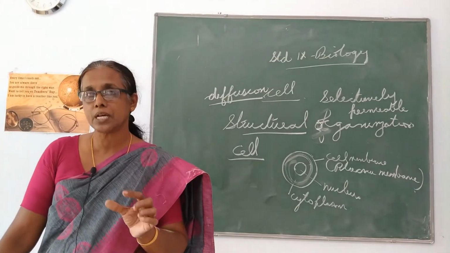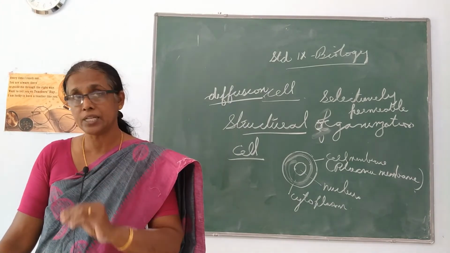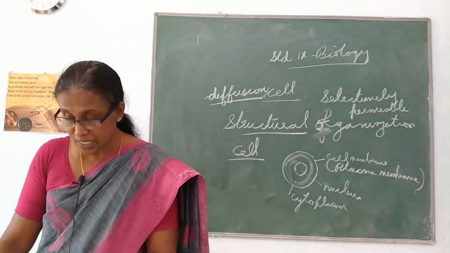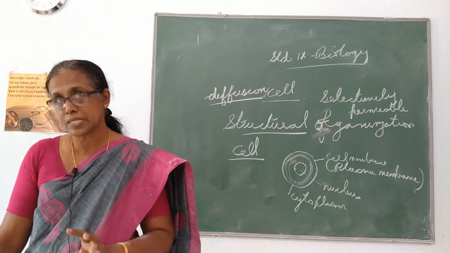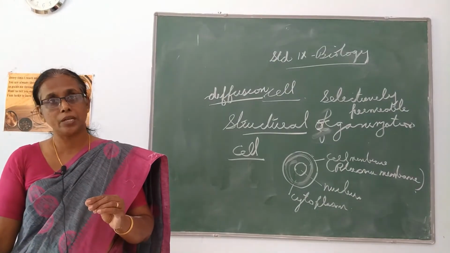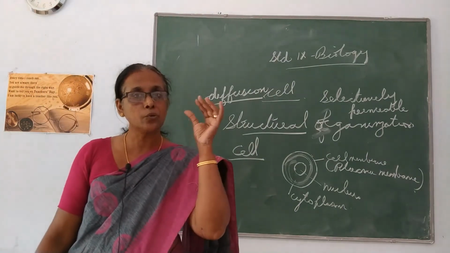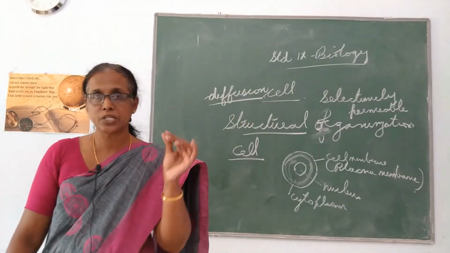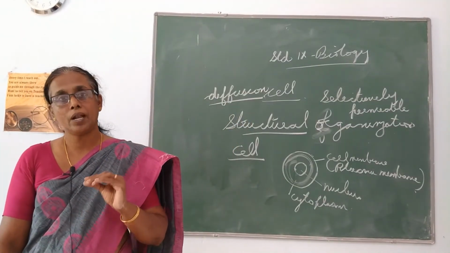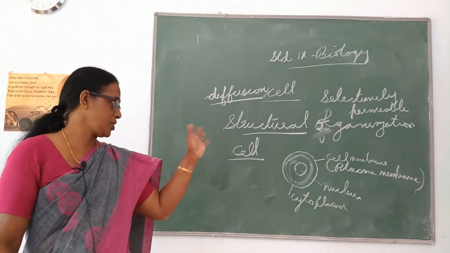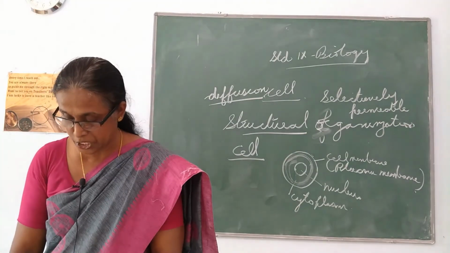What is the meaning of spontaneous? Continuous. The spontaneous movement of substances from a region of higher concentration, higher concentration means കൂടുതലുള്ളത്, to a region of lower concentration, that is known as diffusion.